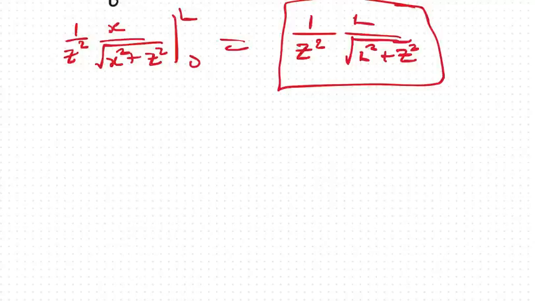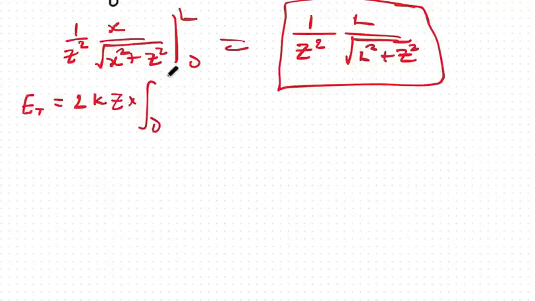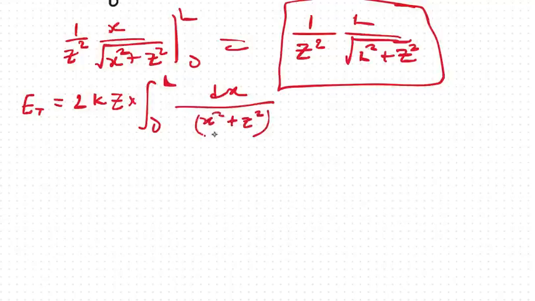So what we have there is that E total, which is the electric field, is 2kz lambda, then the integral from 0 to L of dx divided by x squared plus z squared to the power 3 divided by 2.